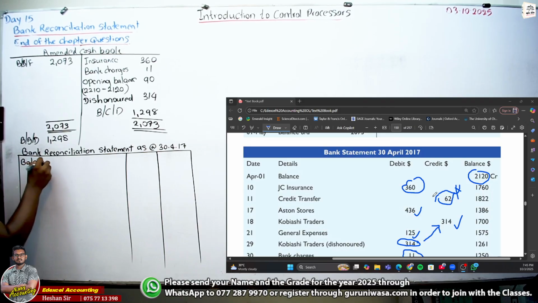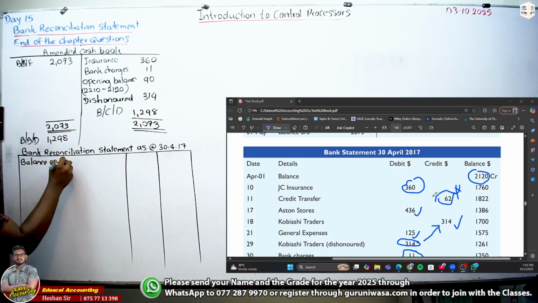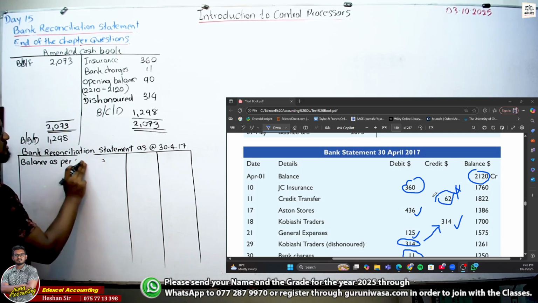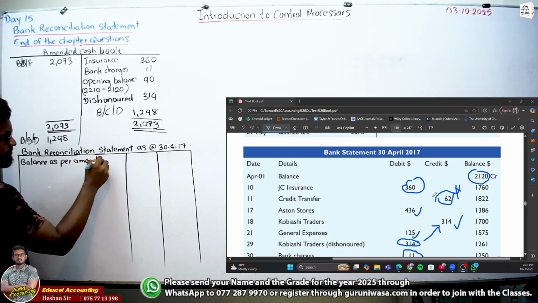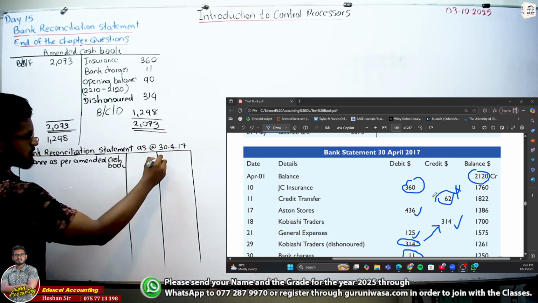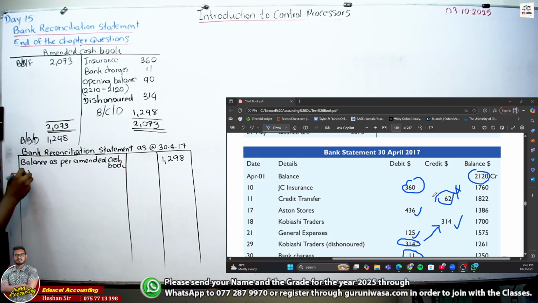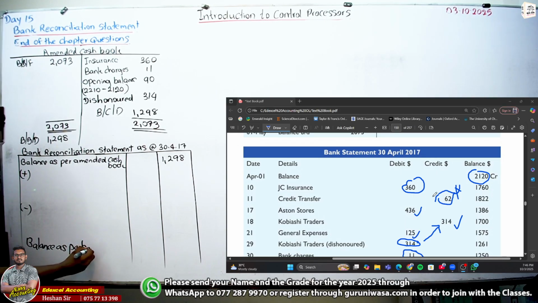Balance as per cash book, amended cash book, 1298 plus minus, balance as per bank statement.